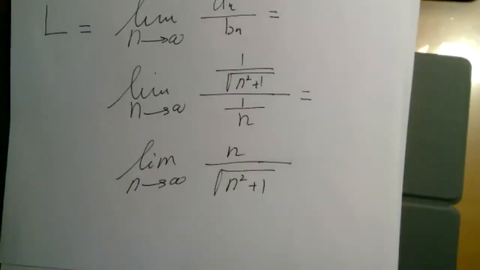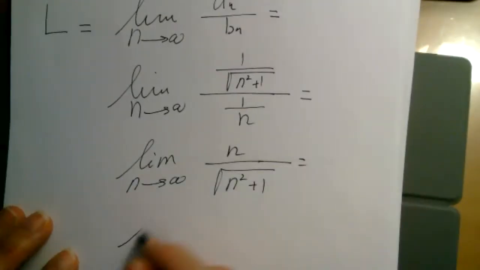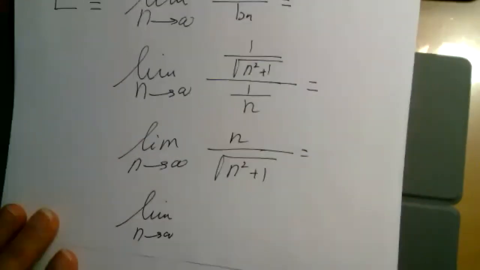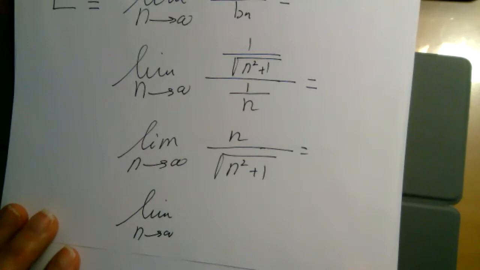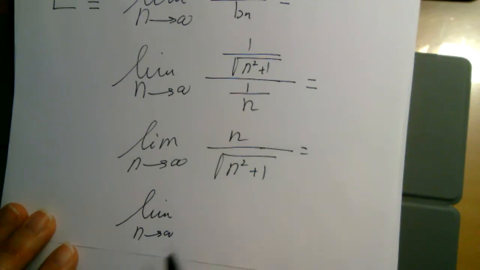Now, we did something fairly similar when we worked with sequences before. And to compute this limit, if you guys remember, what am I going to do to compute the limit? How do you compute this limit?